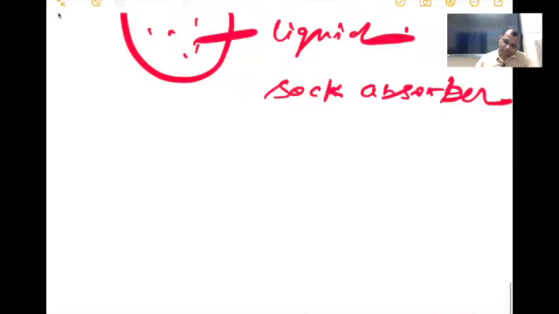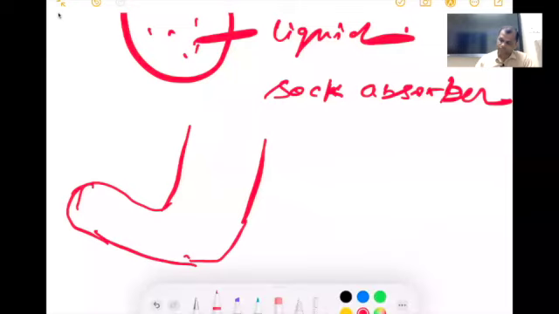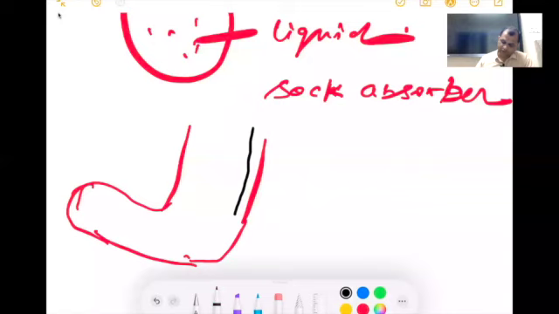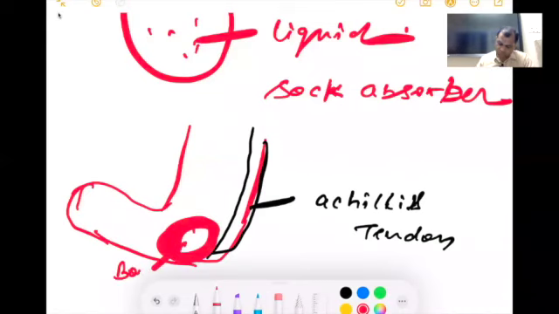Even in the leg. So this is the tendon, the Achilles tendon. And this is the bone. Between bone and tendon, we have a bursa, to avoid friction.